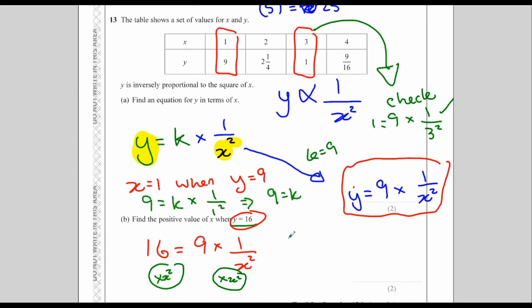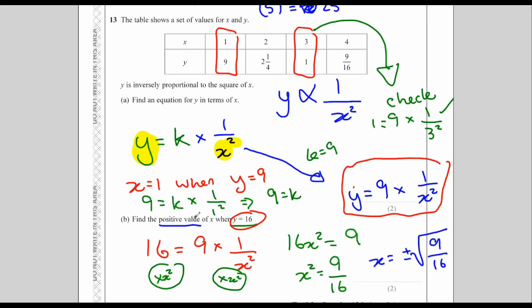So you get 16x squared, and now it's gone from the denominator here, equals 9. So x squared equals 9 over 16. Now, normally here, you would need to say x is plus or minus the square root of 9 over 16. But look, positive value, so we don't need the minus, it's going to be the plus one.